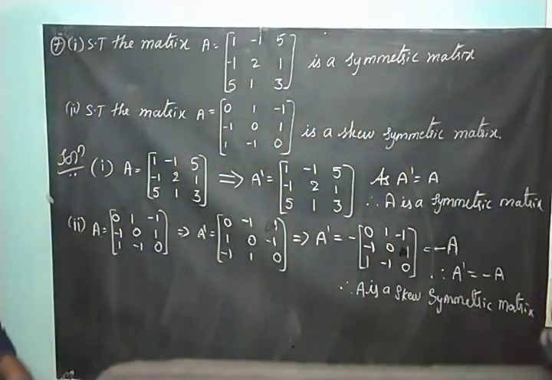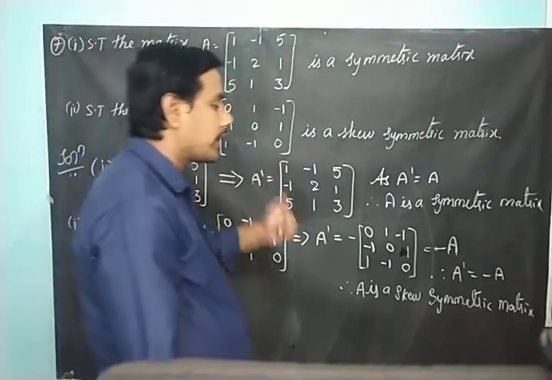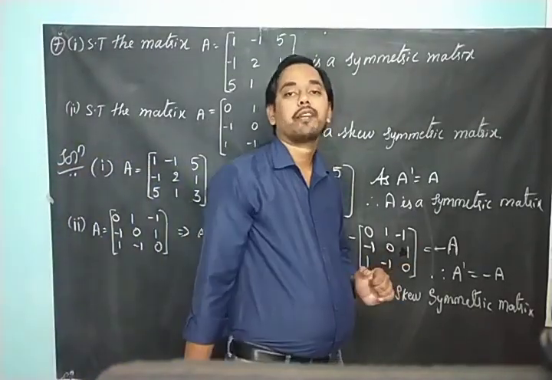As A dash is equal to minus A. So A is a skew symmetric matrix.